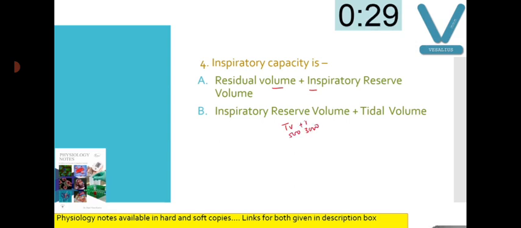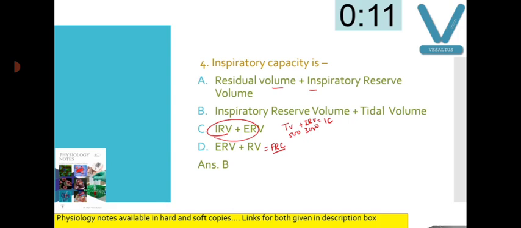So this is equal to IC. IRV plus ERV, no capacity like IRV plus ERV. ERV plus RV is equal to FRC, functional residual capacity. So the correct answer is B.